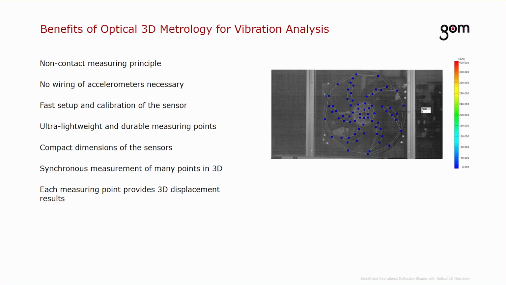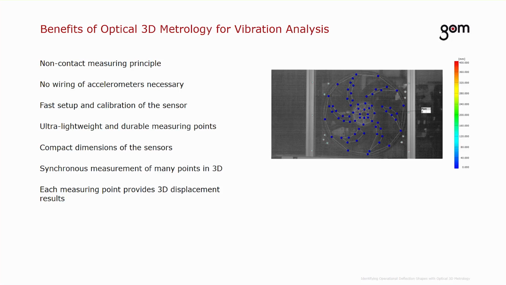On the one hand, we have a non-contact measuring principle with optical metrology. So already the setup of the test rig or the testing object preparation itself is much faster, as compared to the wiring of all individual accelerometers that you typically know from your test setups for vibration analysis.